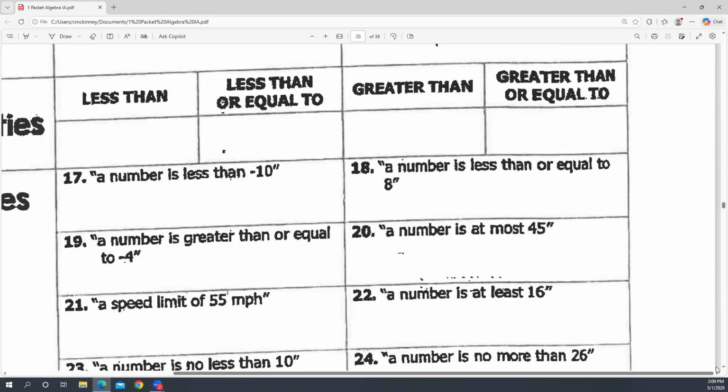What you're going to see is that it has is with it, because when I read this, I don't just say 5 less than 8. I say 5 is less than 8.